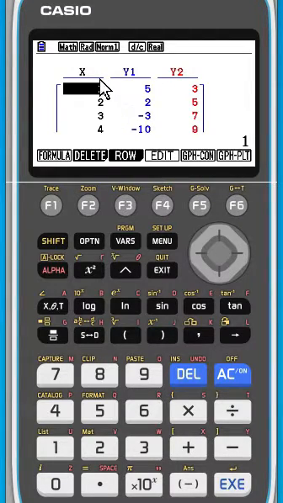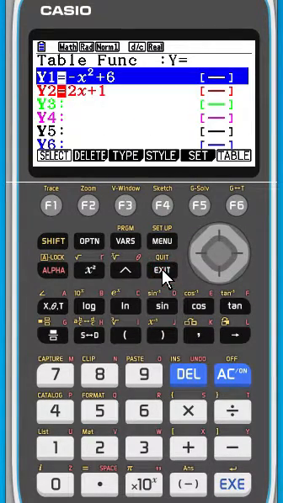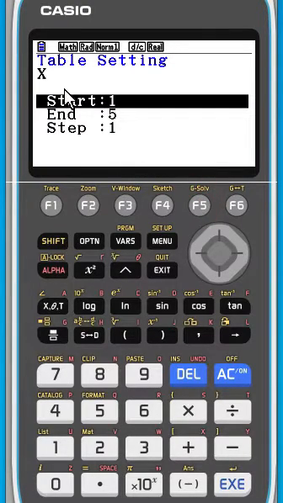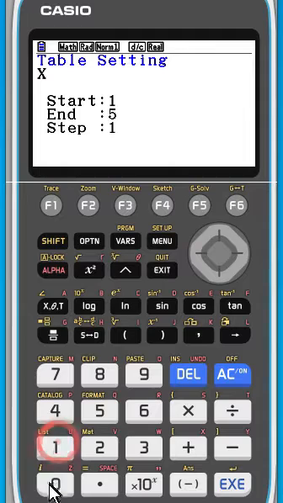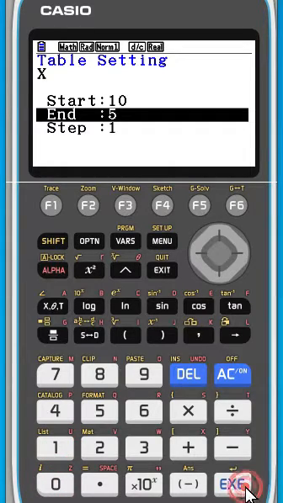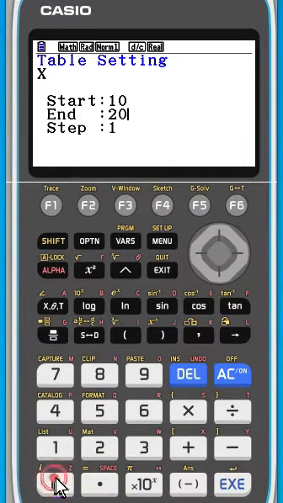So when x is changing from 1 to 2, 2 to 3, 3 to 4, it is giving various values. And at any point of time, if you want to change x values by, let's say, 0.5, we can go to Set by F5 here. So let's say I would like to start from 10 and end at 20, and our change should be 0.5.